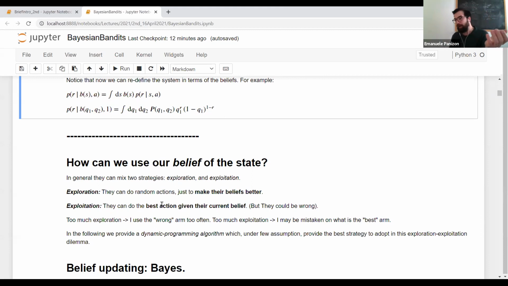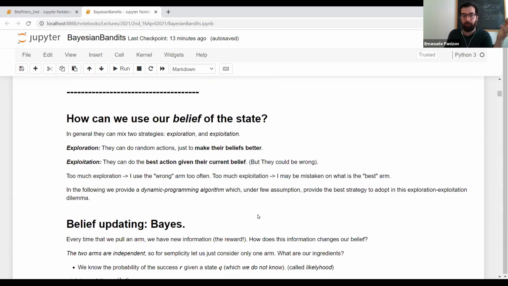Or I can exploit. My current belief says that this action is the best one, so this is the action I have to take. And as always, we will have to find a compromise between the two, so that I explore as much as I can to make my belief stronger, and also exploit my beliefs so that I do what I currently think is the best thing.